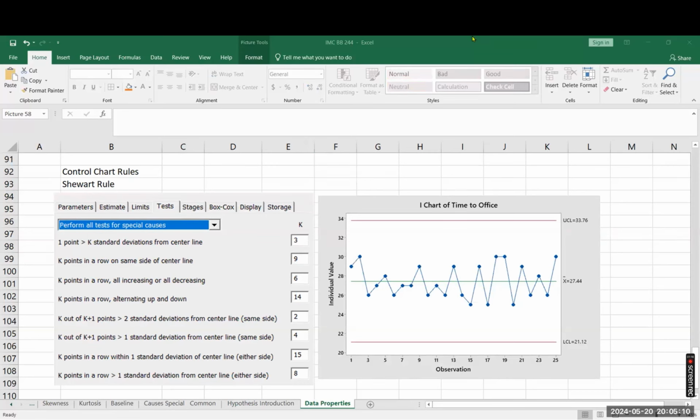This is your center line, and this is your upper 3 standard deviation line, and this is your lower 3 standard deviation line. In case any data point goes outside these lines, either on the upper side or on the lower side, then rule number 1 will fail. There is a special cause of variation.